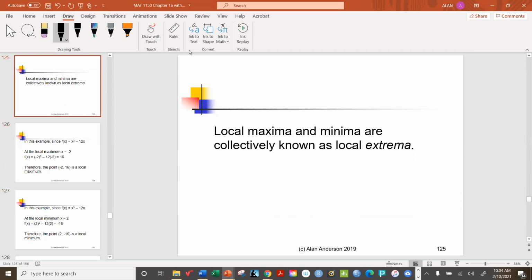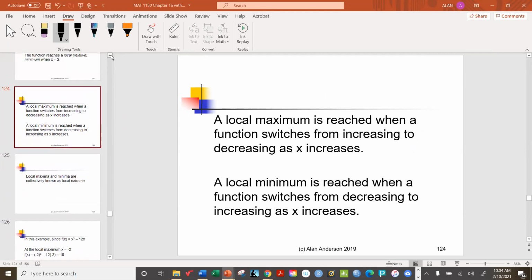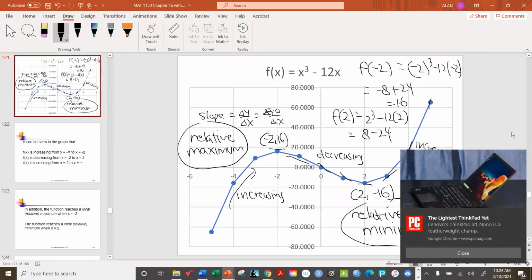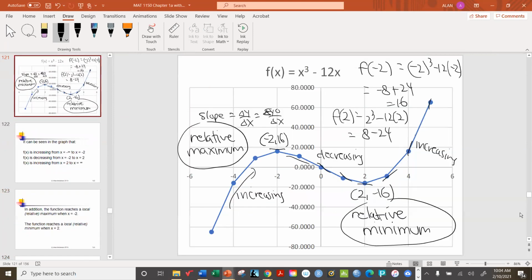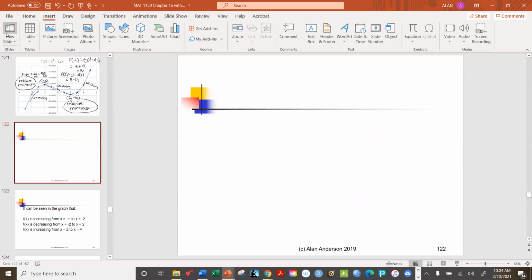Let me draw another picture of this to make it more clear, because my graph is getting a little crowded here. I'm going to draw this again in such a way that we can see it a little more clearly.